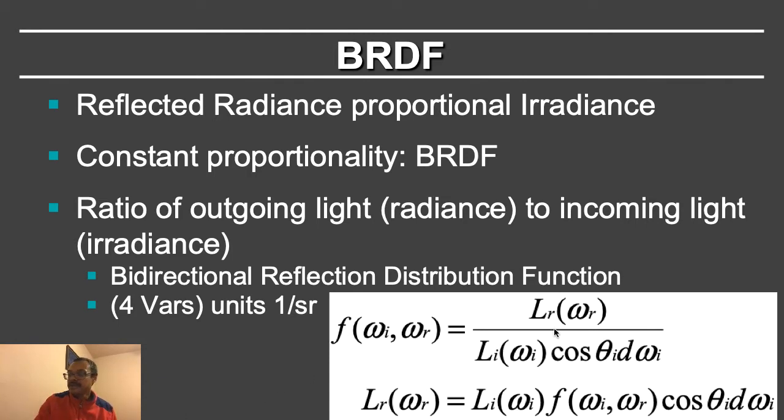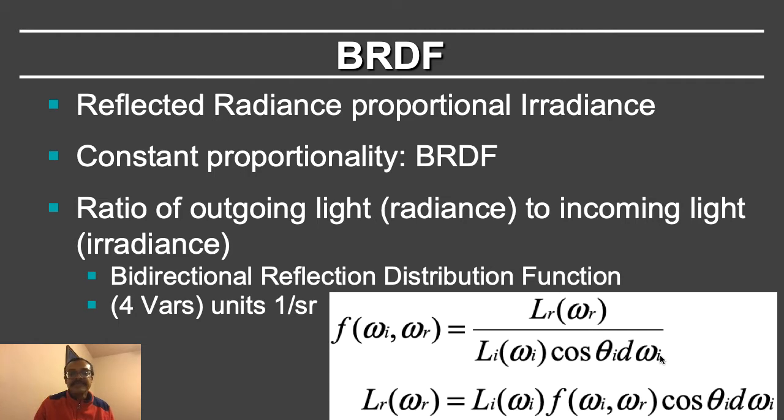If we look at the equation which is written, the numerator is the outgoing radiance, which is a function of the outgoing direction. The BRDF is a function of both the incoming and the outgoing directions, and the denominator corresponds to the incoming irradiance, which is the incoming radiance times the cosine term times the incident solid angle.